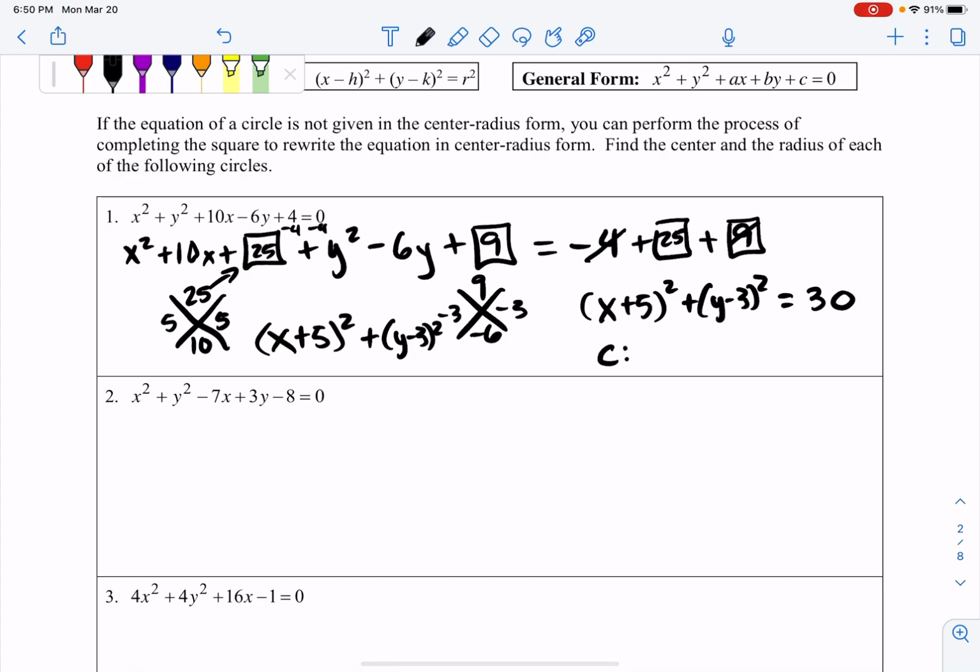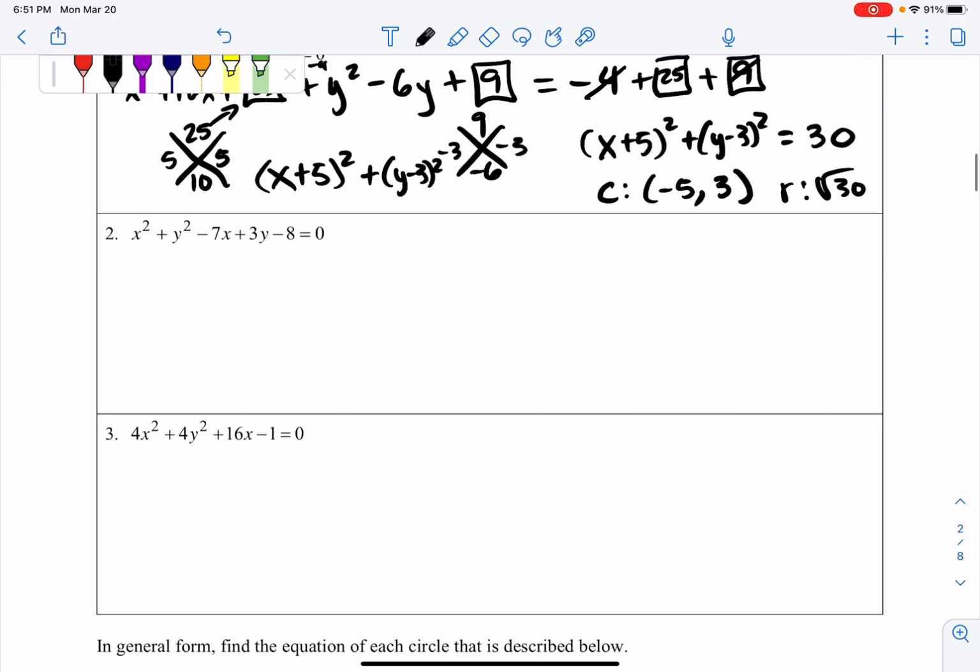The center of this circle is going to be at negative 5, positive 3, again, h comma k, and the radius of this is going to be the square root of 30. And then you're going to ask yourself, can I simplify the square root of 30? Is there a perfect square that I can divide out of 30? And if you can, simplify the radius.